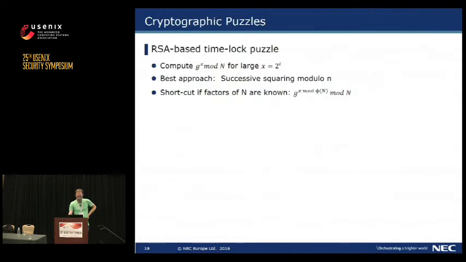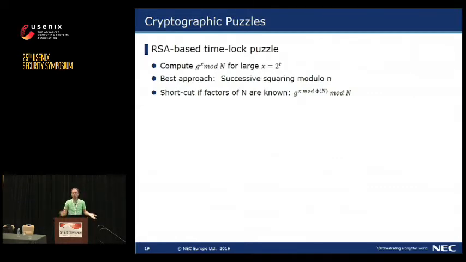And yep, it turned out to be quite difficult to come up with the right parameters. So the basic RSA puzzle is saying you compute g to the x for very large x, so x is 2 to the L, modulo n, and how you do this, if you cannot factor n, is that you do a successive squaring modulo n, so you really have to compute it with this huge exponent.